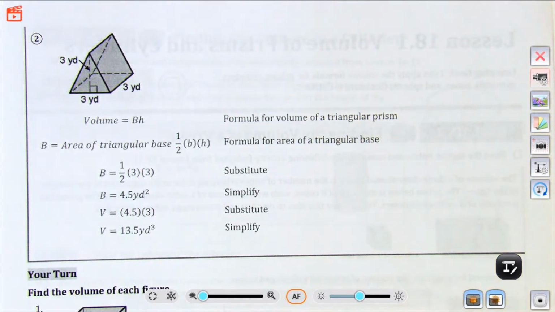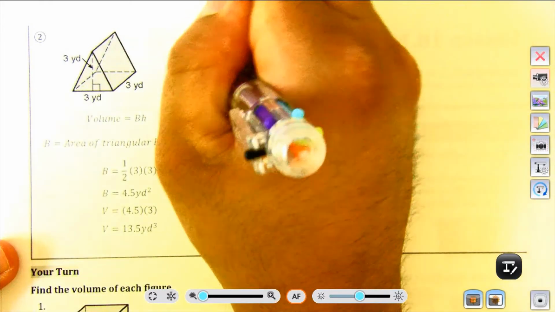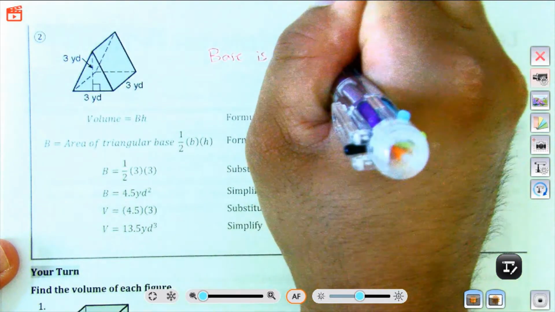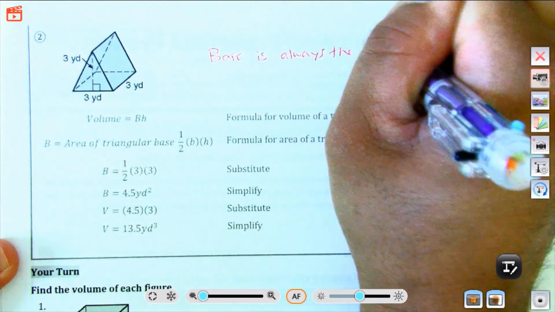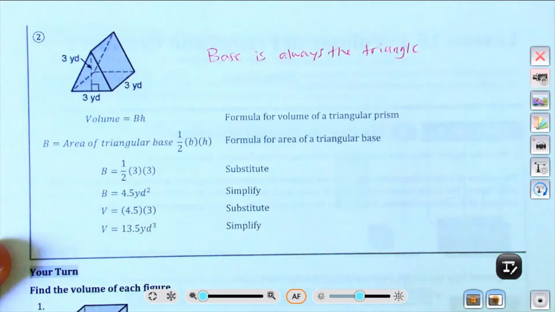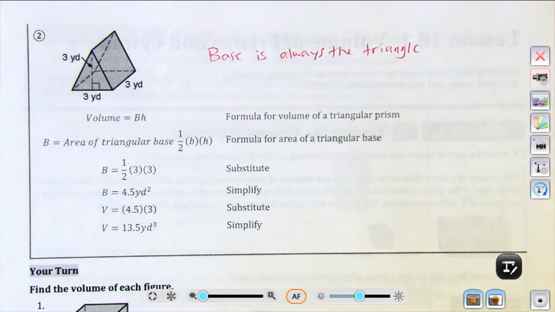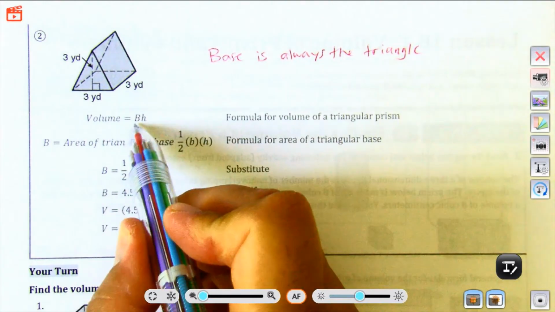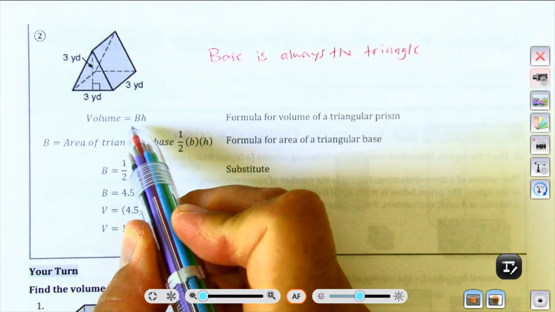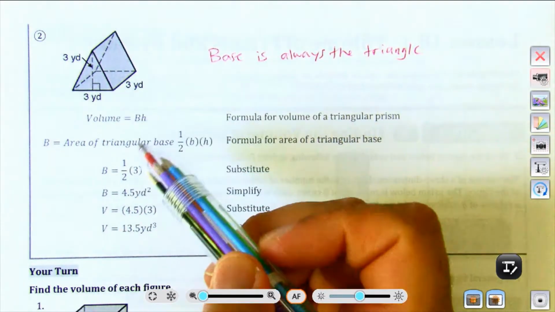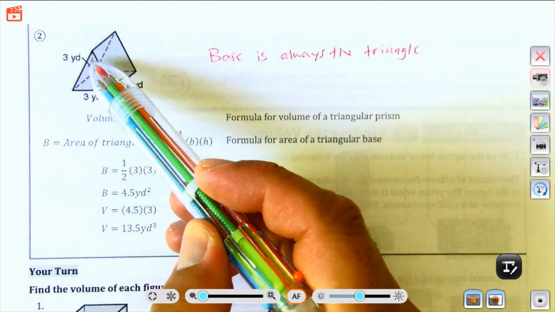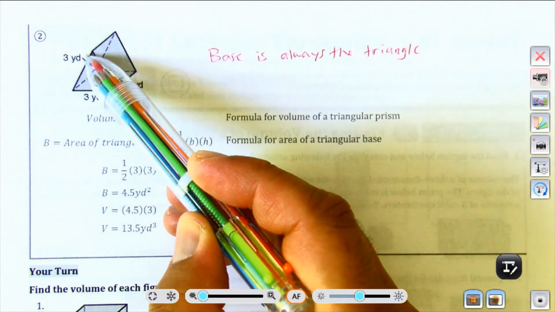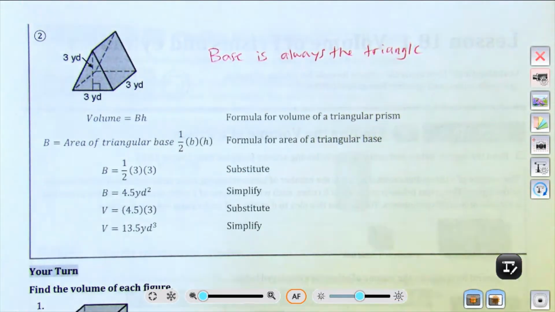The base is always the triangle. So when using this formula, volume is equal to base times height, this capital B is what we want to use to find the area of the base. Now, since we're saying that the triangle is the base, how do we find the area of a triangle? Well, we have to use the formula 1/2 base times height.